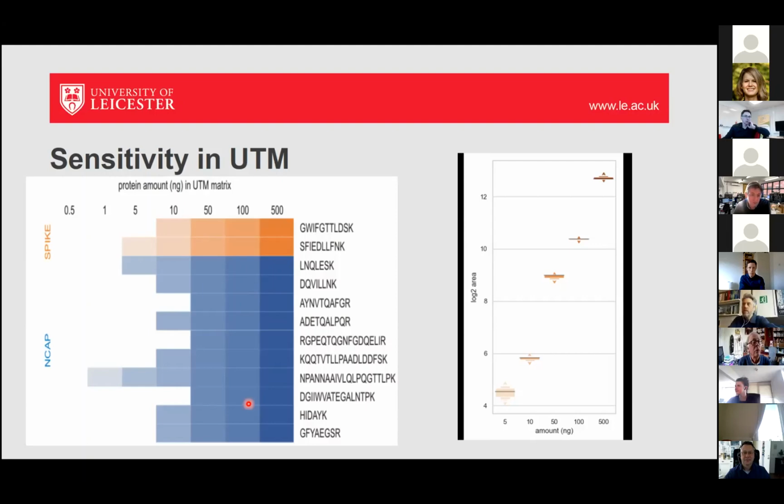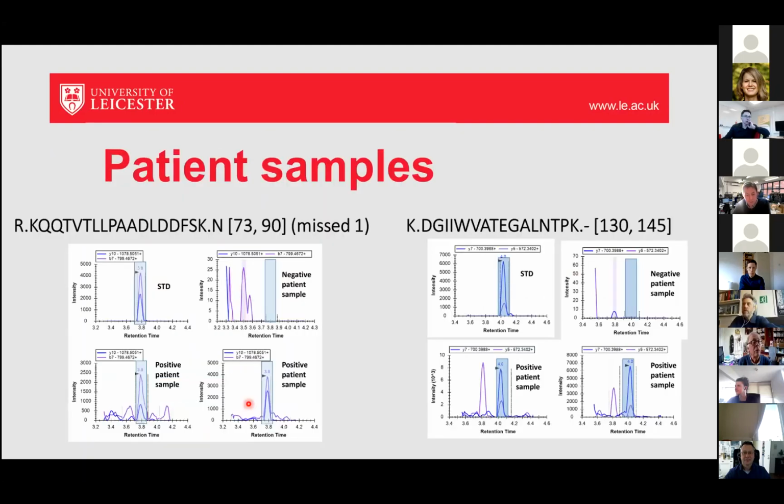With this optimized method, we were able to take some patient samples from Leicester, and this is in swab on this occasion. And we got 2 peptides here, KQQ and DGI. If we look at the peak for the standard, we find it totally absent in patients who are diagnosed as negative for COVID-19 by PCR.